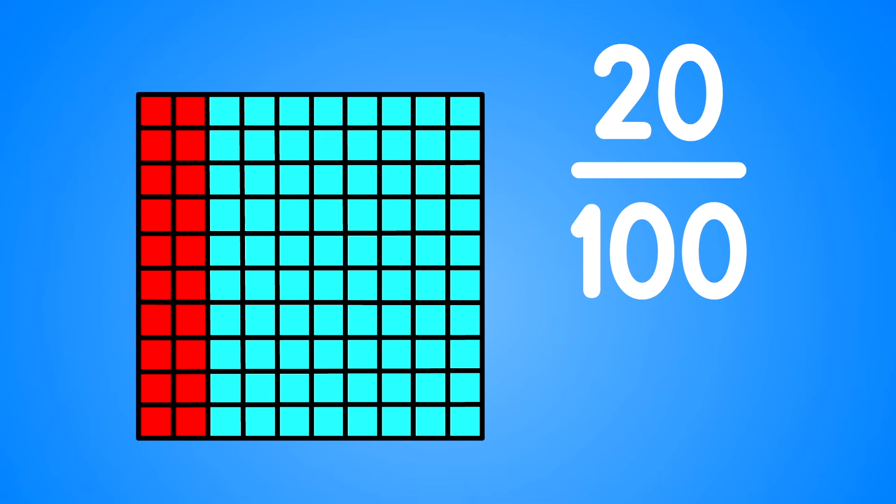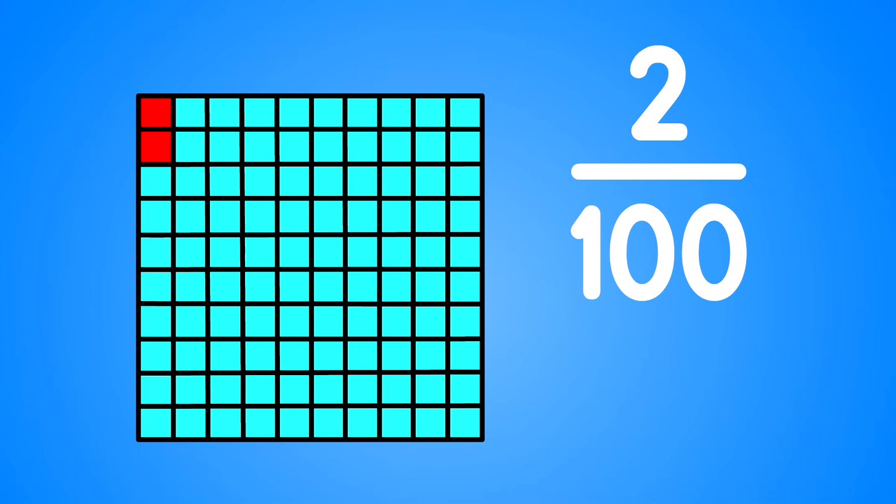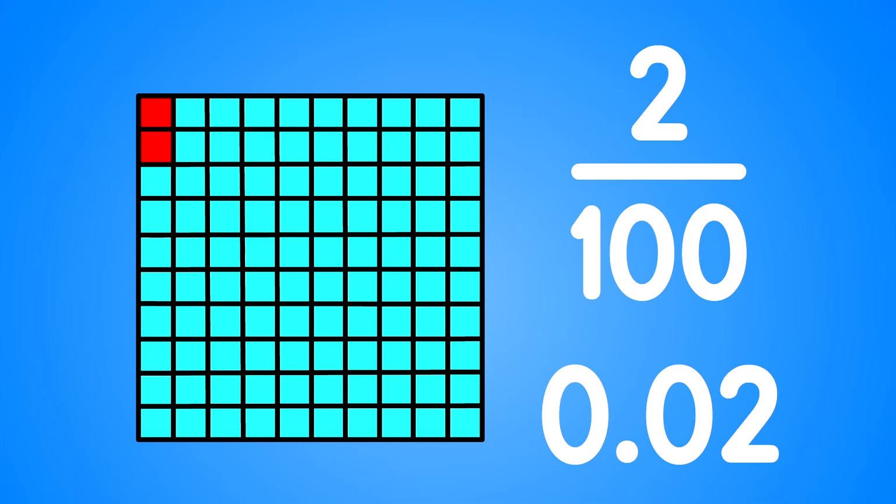This fraction is 20 100ths. So in decimal form, it's 0.20. Very good! Now look at this one. Only 2 squares are colored in, so that would be 2 100ths. Correct! And to write the decimal, you have to be sure to put the 2 in the right place. So this one would be 0.02. Outstanding! I believe you have it down.